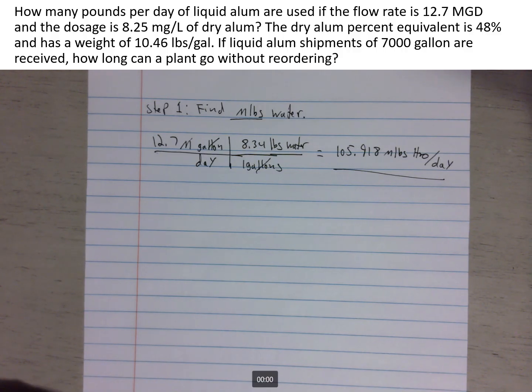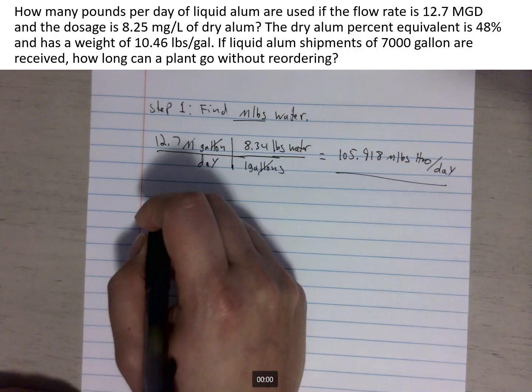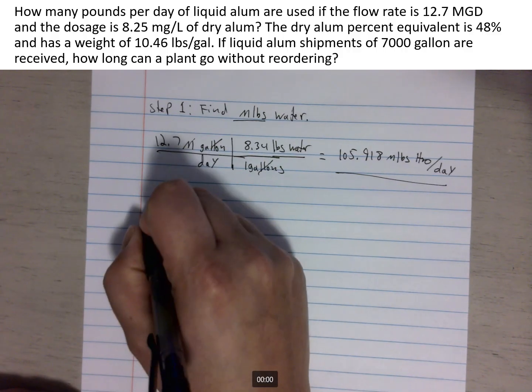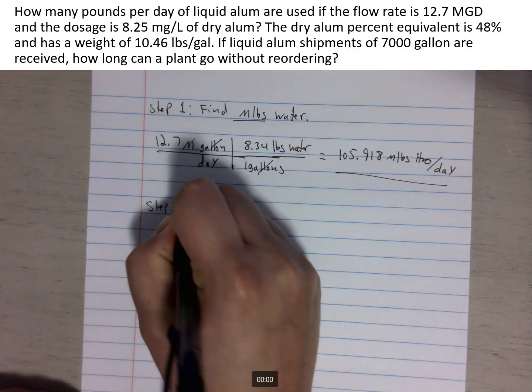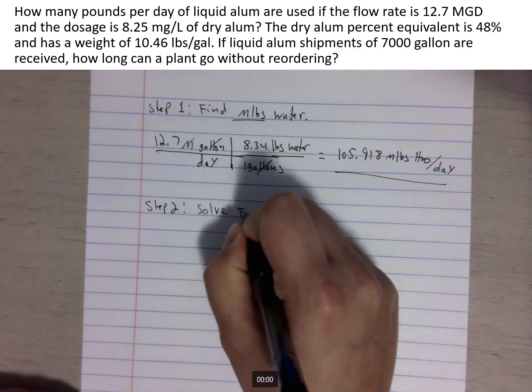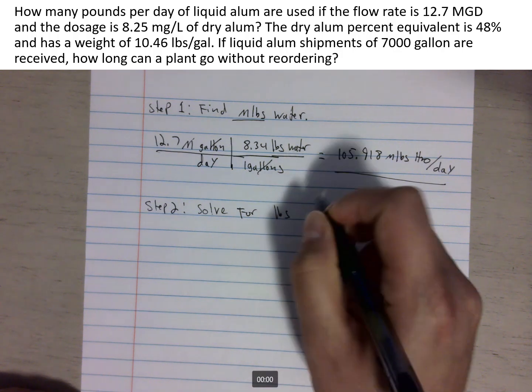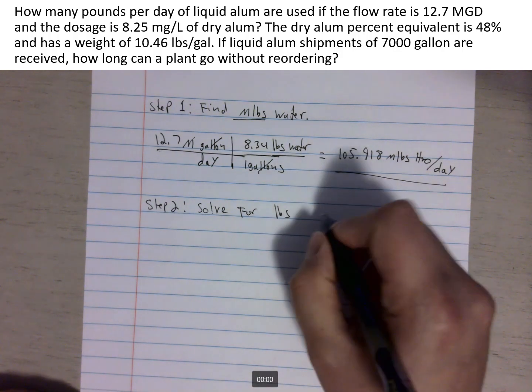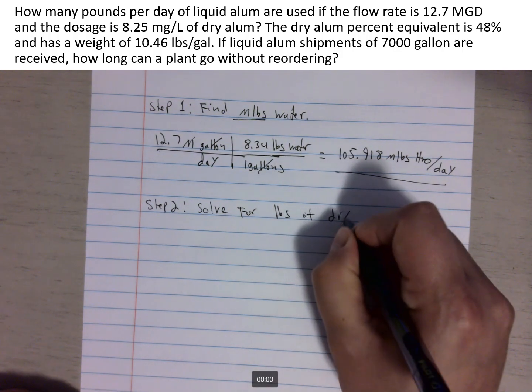So first, let's take a quick look and solve for how many pounds per day of dry alum we need, because we're going to use that in the calculations going on. So step 2, we want to solve pounds of dry alum.